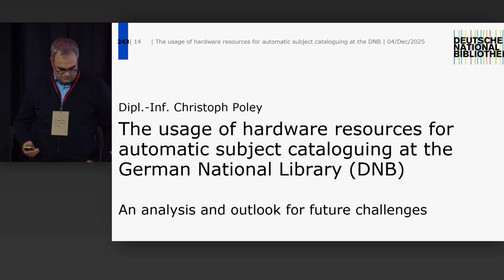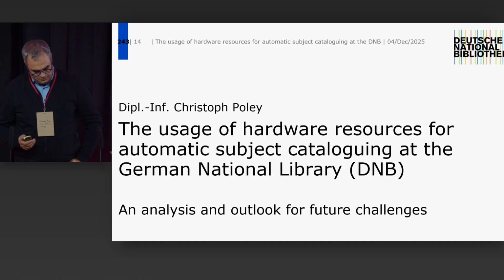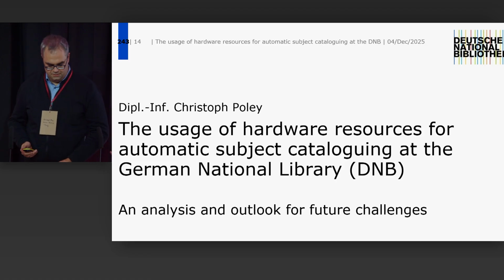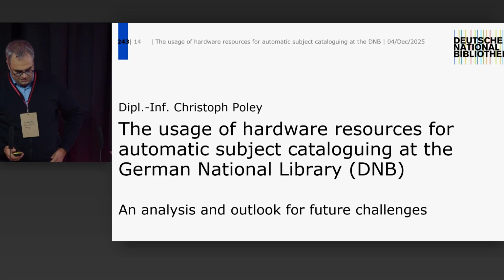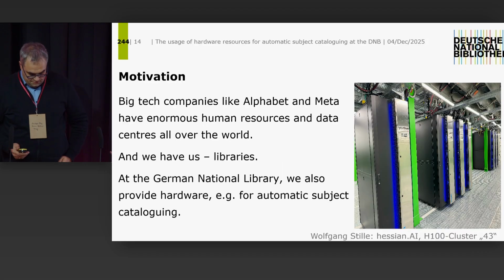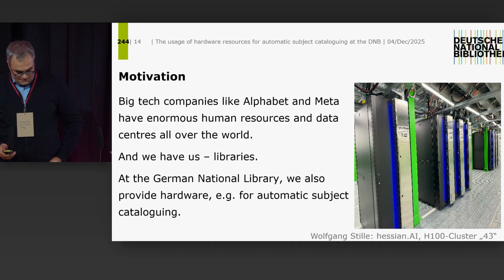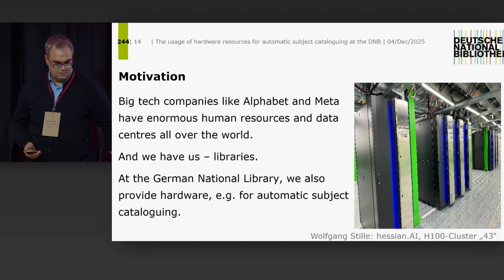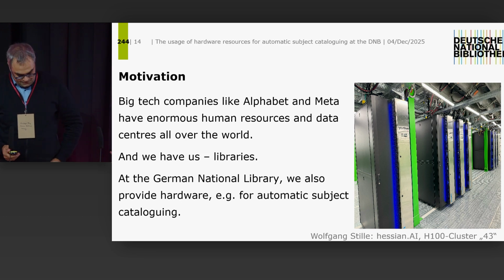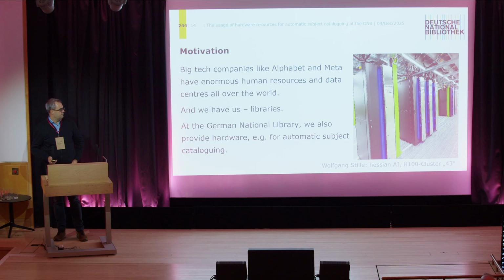Basically, this presentation focuses on hardware we use or we will use in future in this rapidly changing and dynamically developing field. As an introduction, I want to give you some information about our library, as well as the motivation and use cases for automatic subject cataloging. The library is the Central Archival Library in Germany, and it was founded in 1913 in Leipzig.